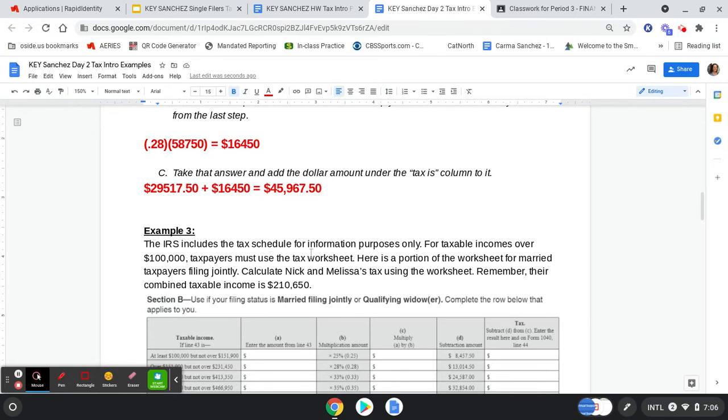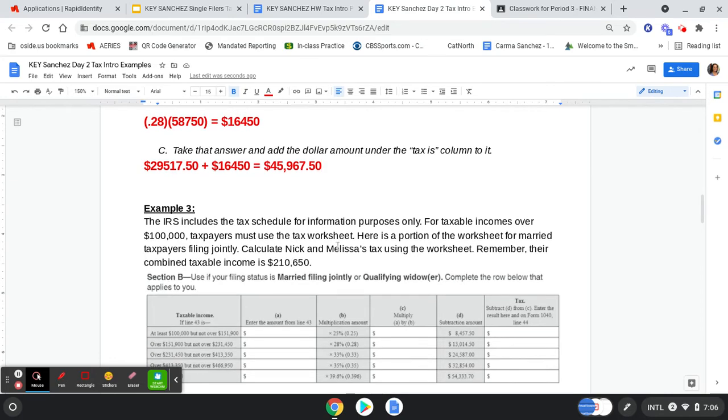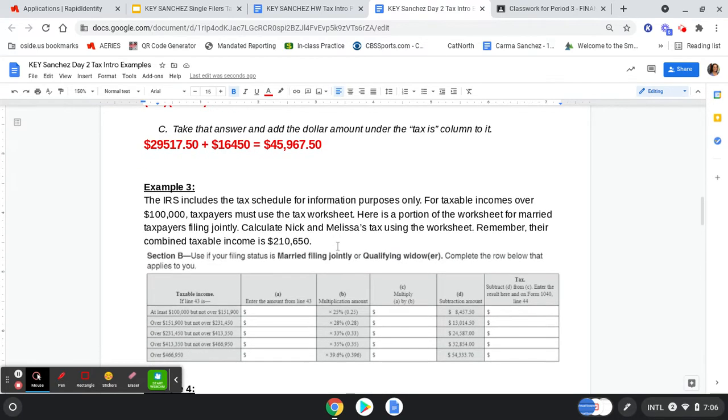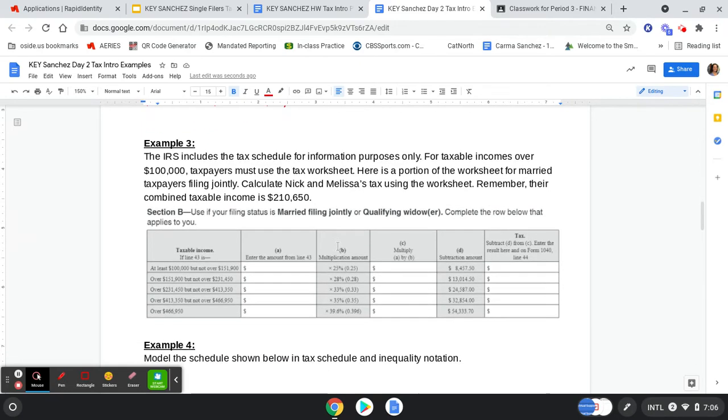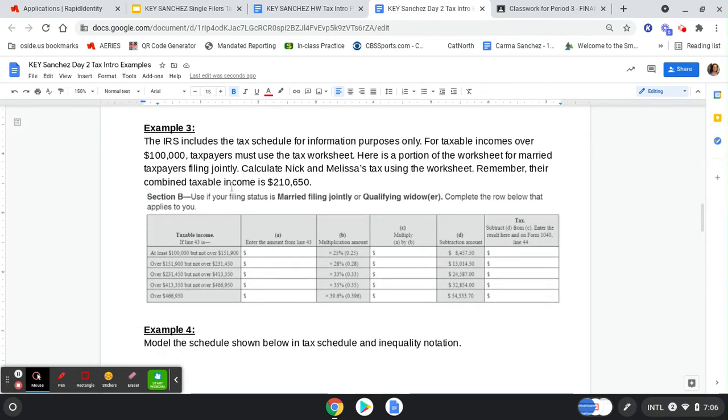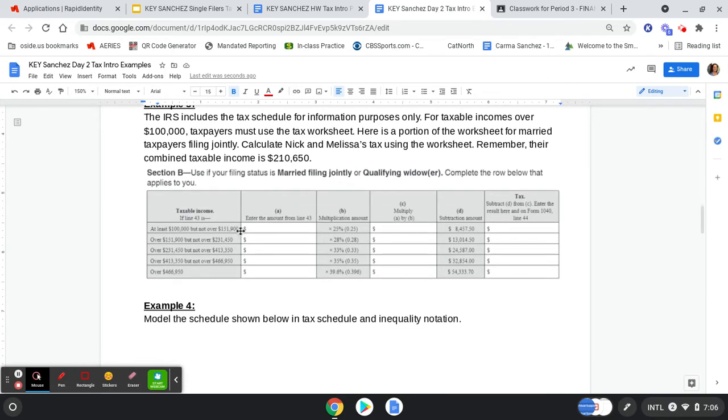The IRS includes the tax schedule for information purposes only. For taxable incomes over $100,000, they must use the tax worksheet. Here's a portion of the worksheet for married taxpayers. Calculate Nick and Melissa's tax using the worksheet. Remember their combined taxable income is $210,650. If your filing status is married filing jointly, complete the rows before.